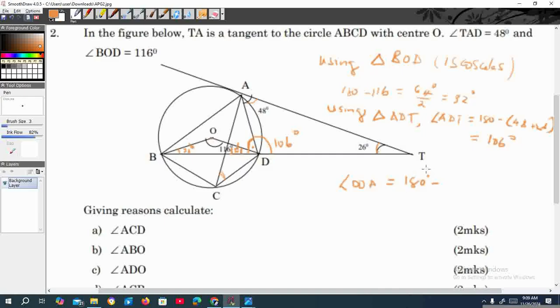So we subtract the two angles, 106 plus 32, that is 138. 180 minus 138 will give us 42 degrees.